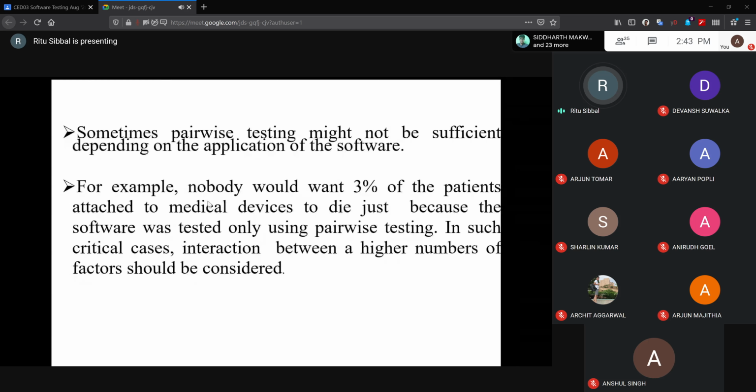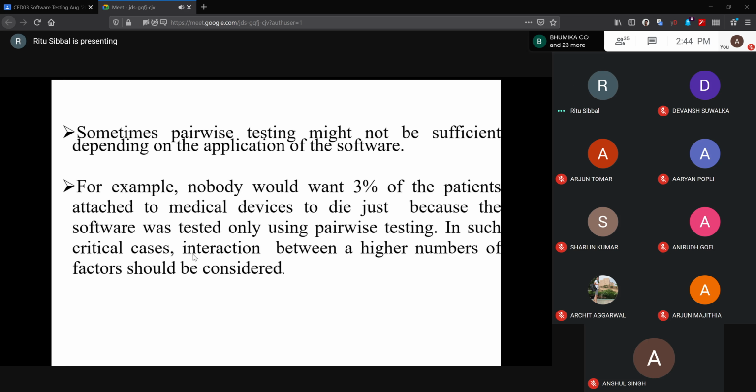So in such critical cases, along with pair-based testing, higher numbers of interactions are also considered to make sure that the software is running error-free or failure-free. Where human life is concerned, we want to make sure that no more errors creep in because of interaction of more input variables. So in that case, higher interactions between variables, such as 4-way, are also considered.